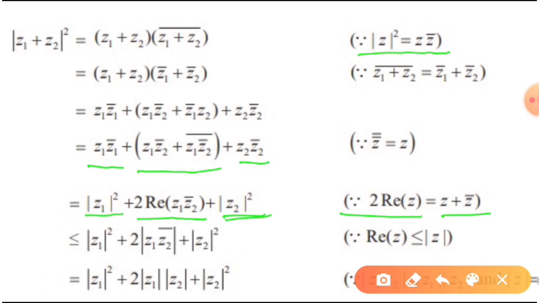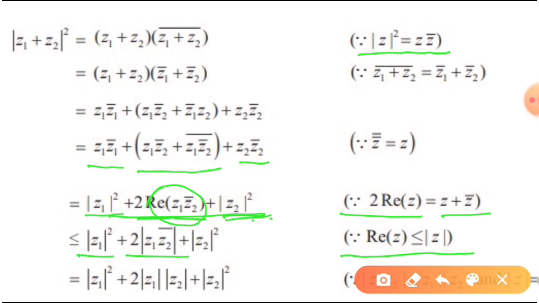Okay. Now this result becomes real part of Z is less than or equal to modulus of Z. Here real part of Z1 Z2 bar is less than or equal to modulus of Z1 Z2 bar.